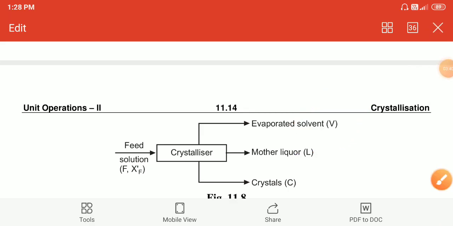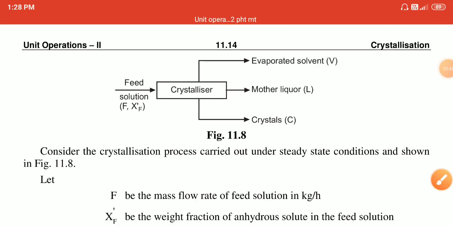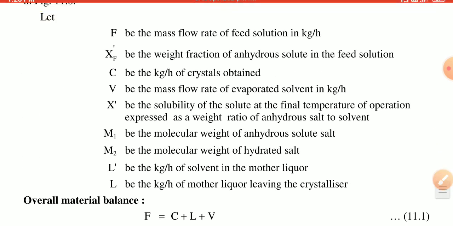Then the mother liquor L. So what is L? First, capital V, which we saw, is the mass of evaporated solvent.